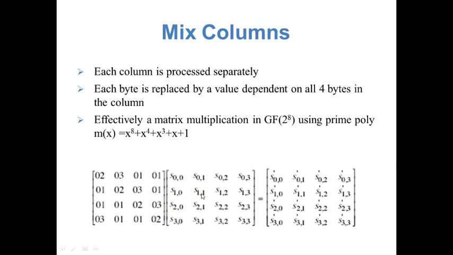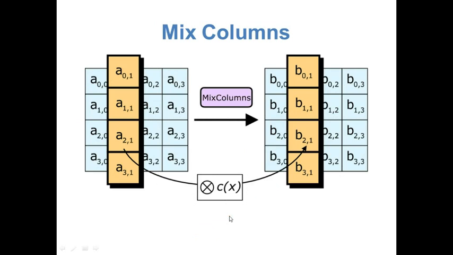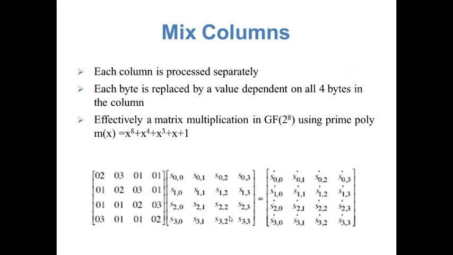It is designed as a matrix multiplication where each byte is treated as a polynomial of GF of 2 power 8. The inverse used for decryption involves a different set of constants. The constants used are based on a linear code with maximum distance between the code words, which gives good mixing of the bytes within each column.